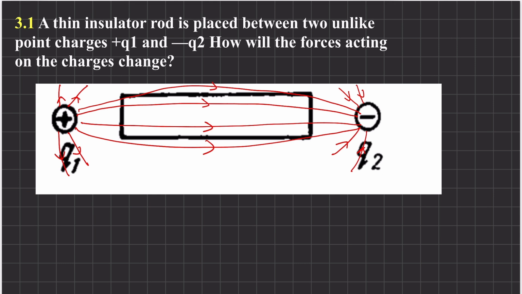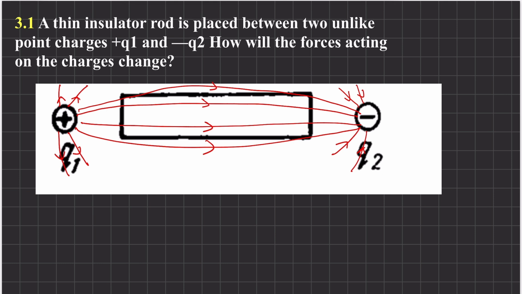Of course we know that in the case of an insulator, no free electrons are available within the medium matrix. But we know that the molecules in the material get polarized if a certain electric field is available there.